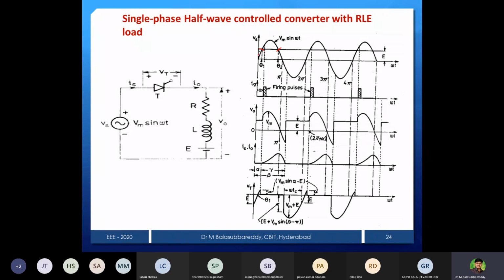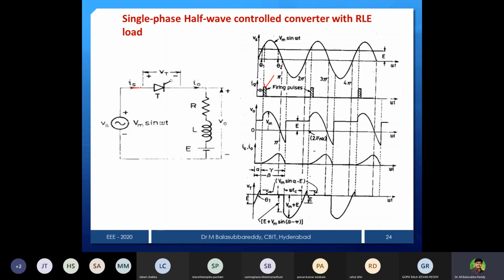Suppose the battery voltage reduces, then we get it like this. Now theta 1 is here and theta 2 is here. Wherever it touches the supply line, we call it theta 1 and theta 2. So in general, the firing angle range is between theta 1 and theta 2.